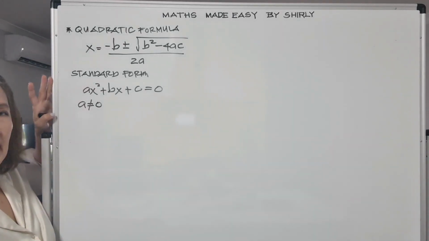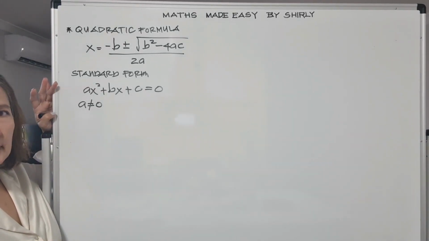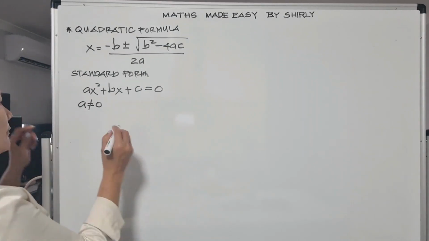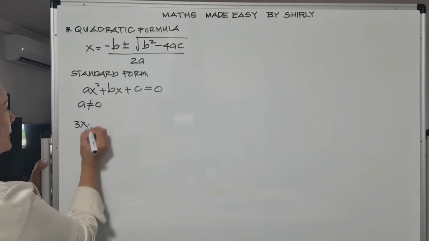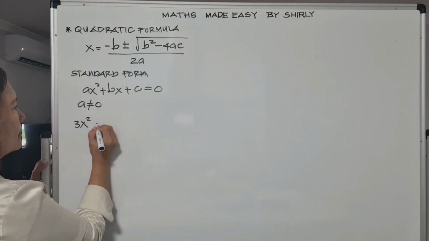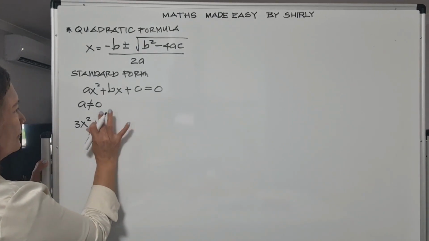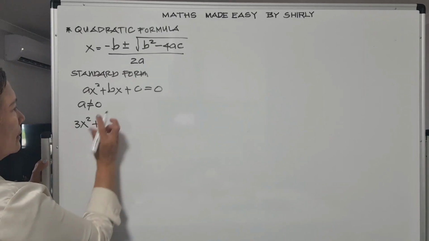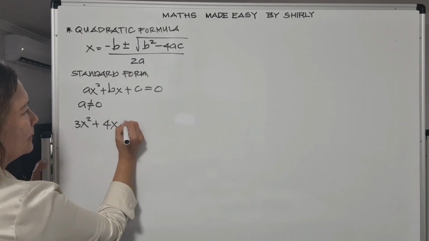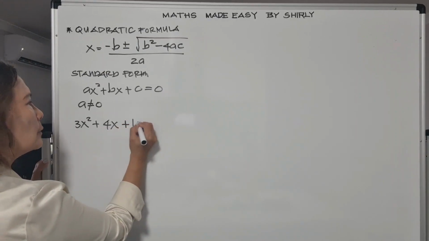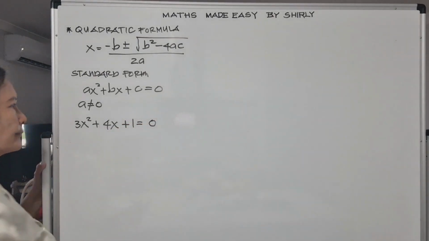So, for me to explain this further, let me give you a specific example. Say we have 3x squared plus 4x plus 1 equals 0.